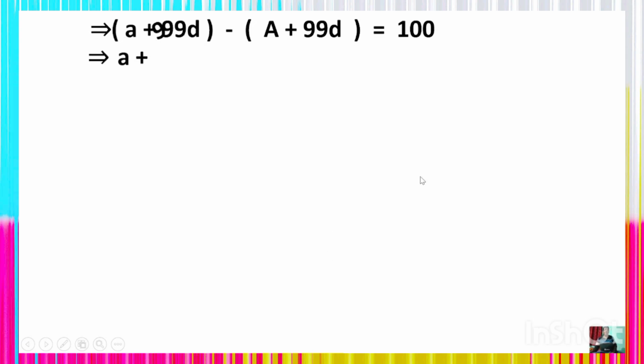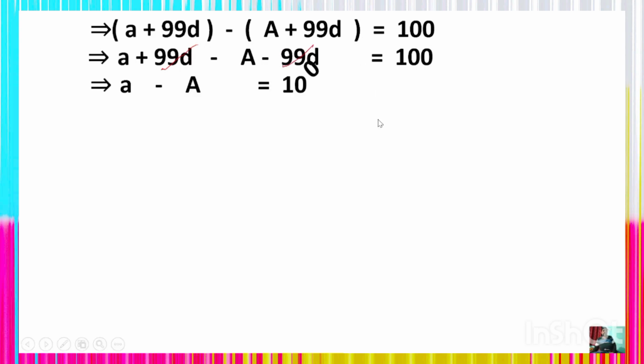After removing the bracket you will get a plus 99d minus capital A minus 99d is equal to 100, because the plus capital A becomes minus capital A. Here plus 99d and minus 99d cancel, and after cancellation we get small a minus capital A is equal to 100. This is equation number 1.